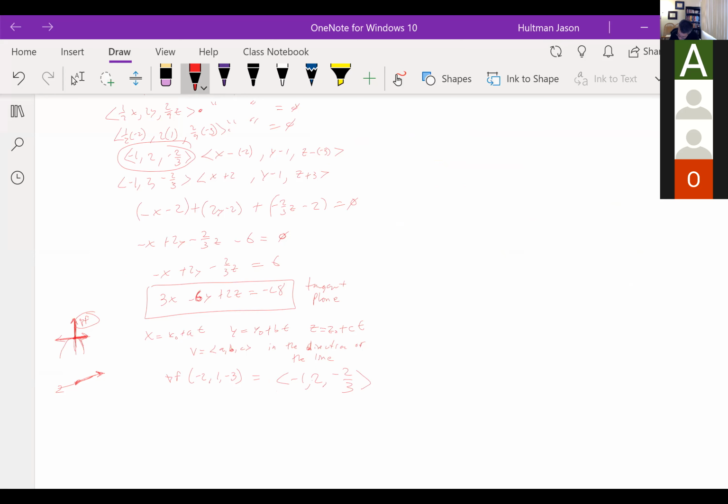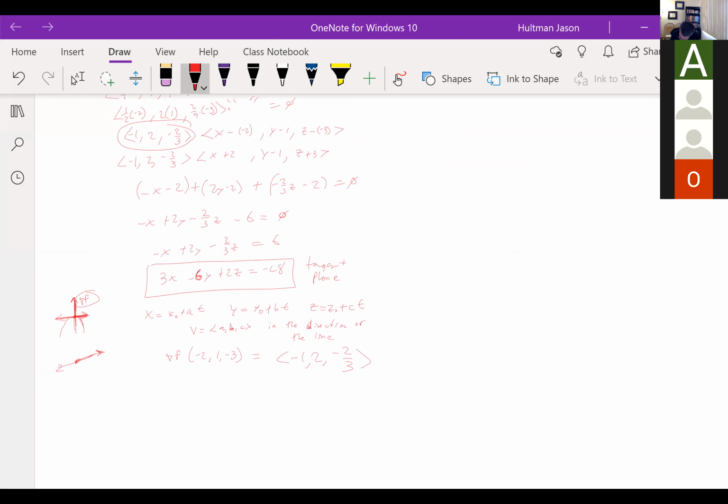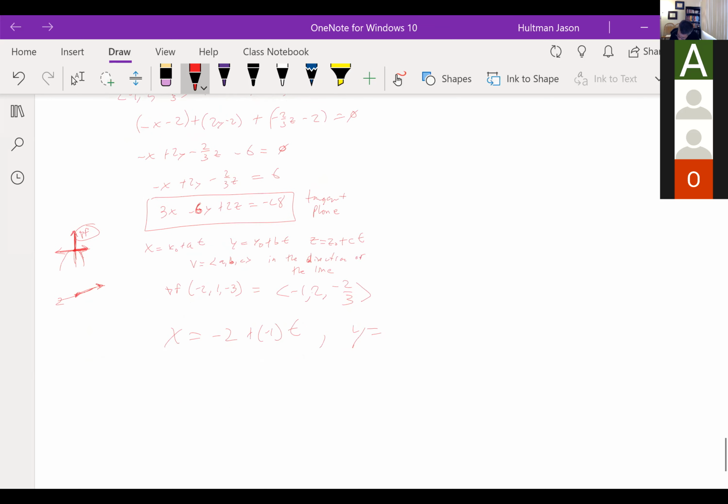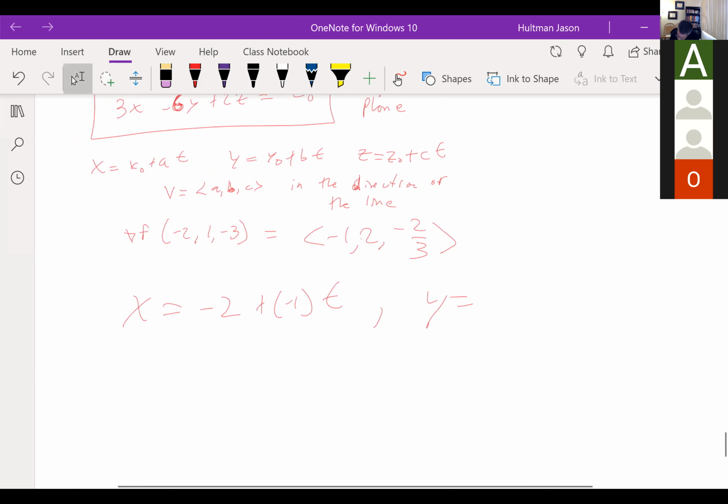So what's x naught? Well, x naught is -2. X equals -2 plus -1t. Y equals y naught, which is my point, 1, plus bt. Again, this is a, b, c, and this is x naught, y naught, z naught.